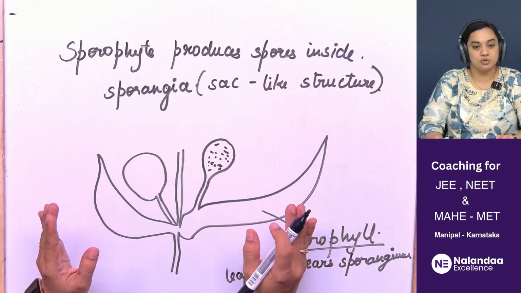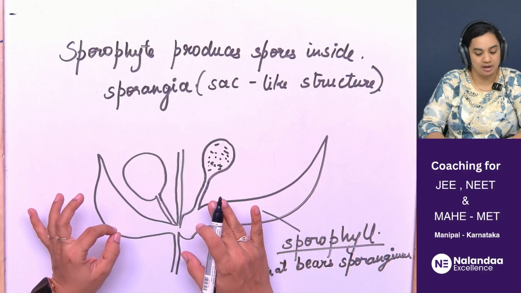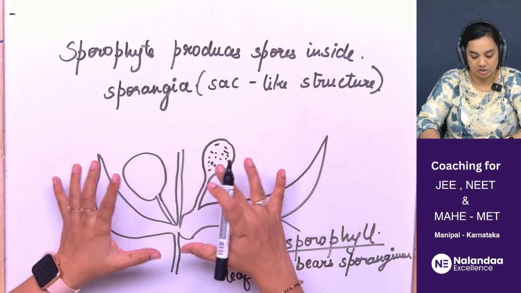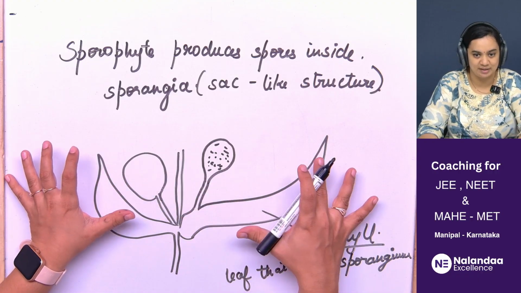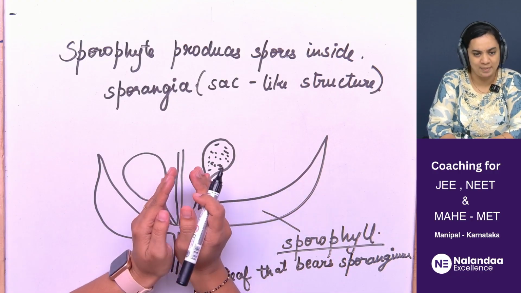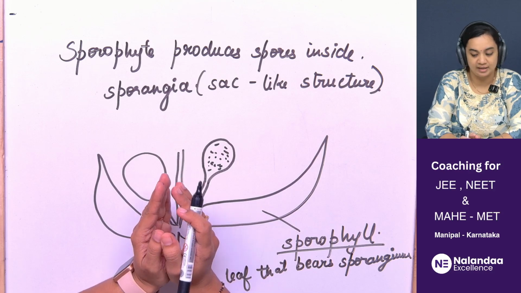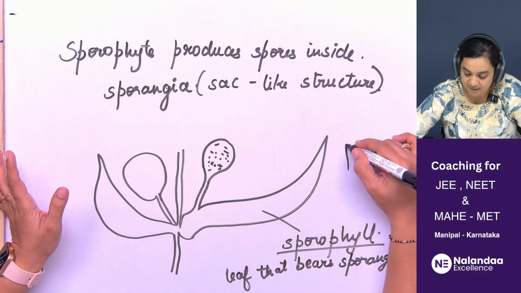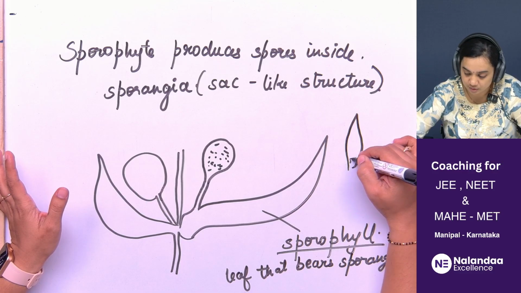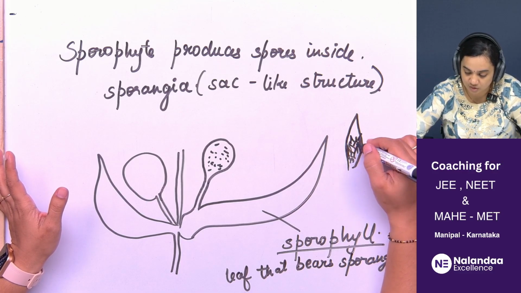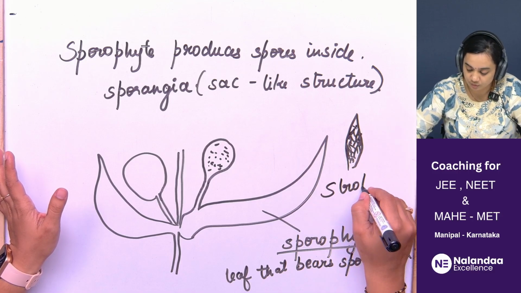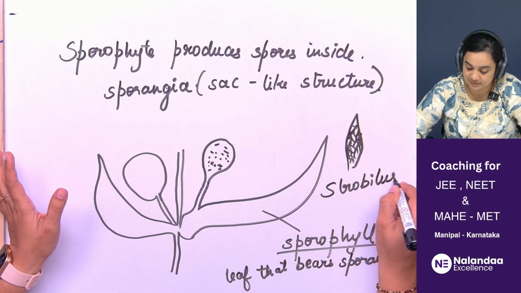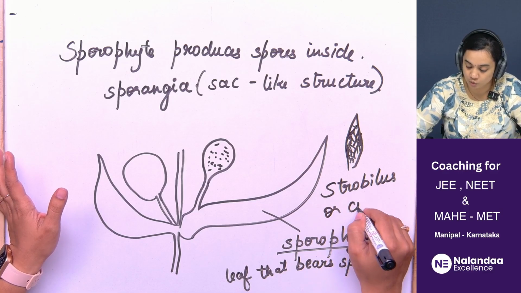Now many such sporophylls with sporangia will be compactly arranged. Now this is an enlarged structure. It actually will not be this expanded. Okay, they will be very compactly arranged into a compact structure which looks kind of like this. Okay, compact structure called the strobilus or cone.